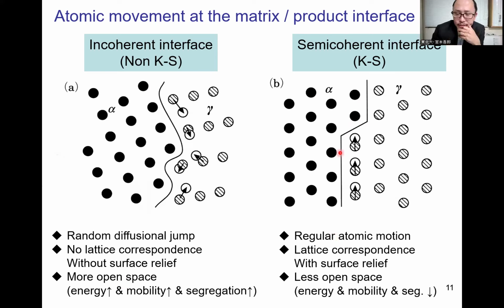So semi-coherent interface has less open space, so interface energy and interfacial mobility are low, and the segregation tendency is also weak. So this is a general understanding between incoherent and semi-coherent interface, non-case and case interface. So we try to quantitatively differentiate those two interfaces by experiment.